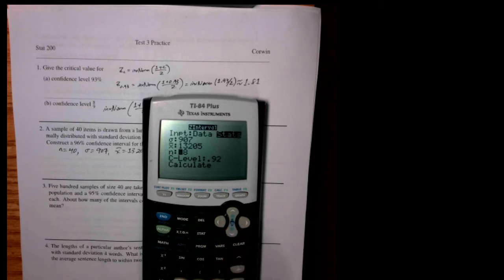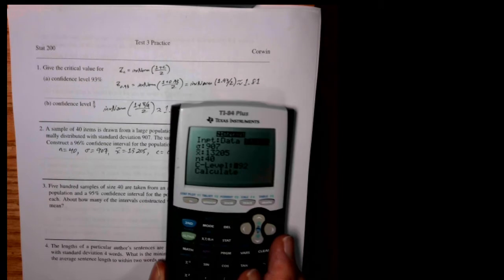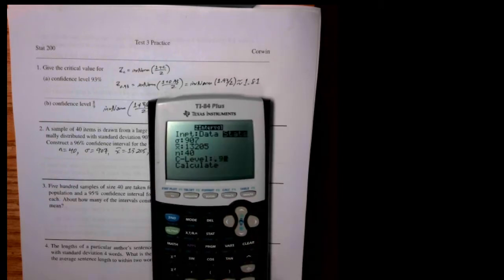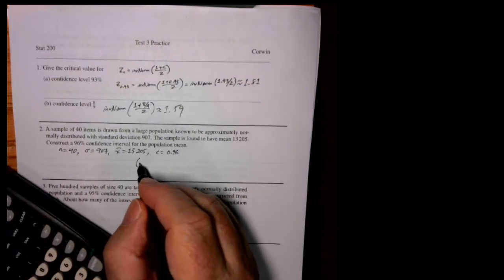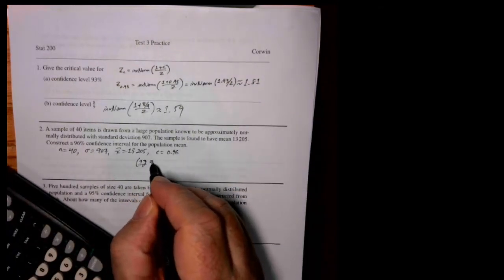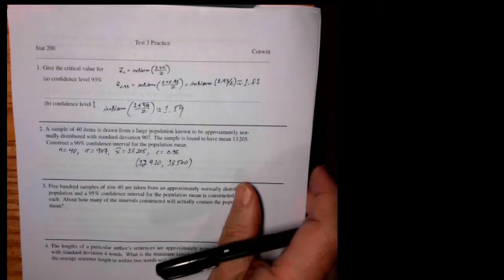N is 40, and my confidence level is 0.96. I'll go down to calculate. 12,910, 13,500. So that's the Z interval.